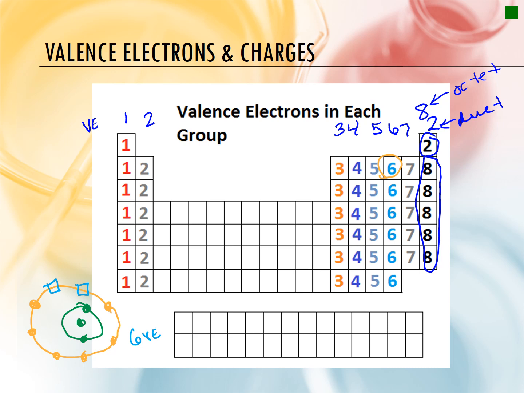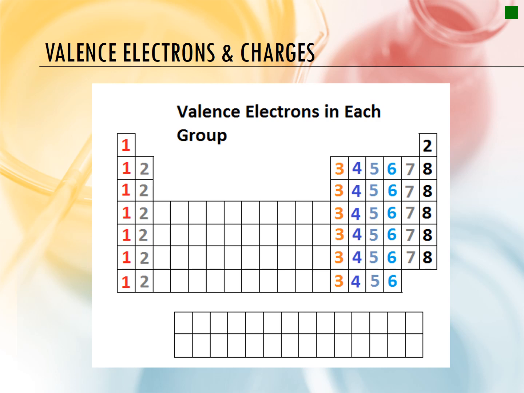So it could either lose 6 valence electrons, or it could gain, well, how many would it gain to make 8? Well, looking at my spots, it would be 1, 2 that it would need to gain. So gain 2. So which one is it going to choose? Well, it's going to choose the path of least resistance. So that would be to gain 2, which means its charge would be a -2.